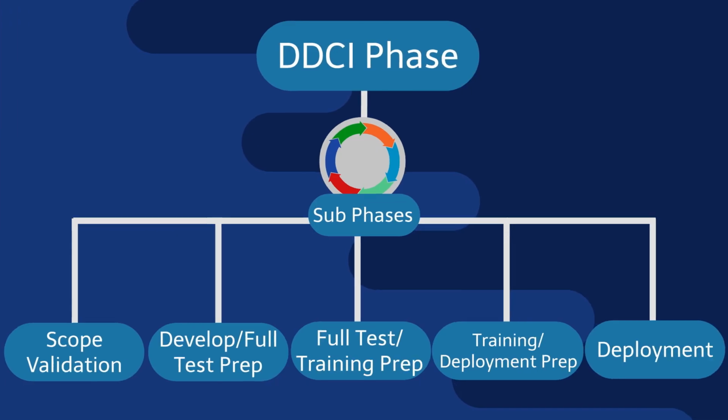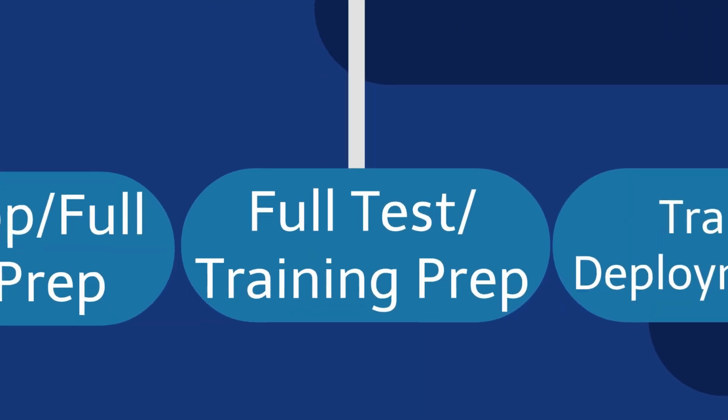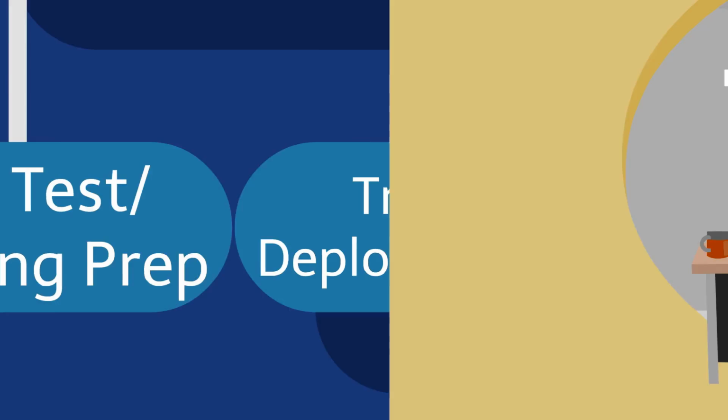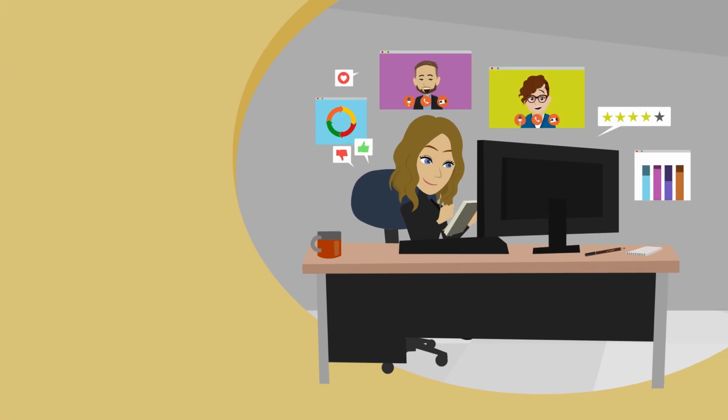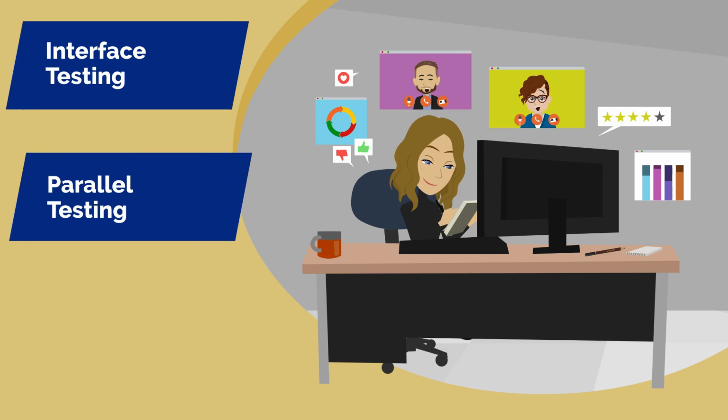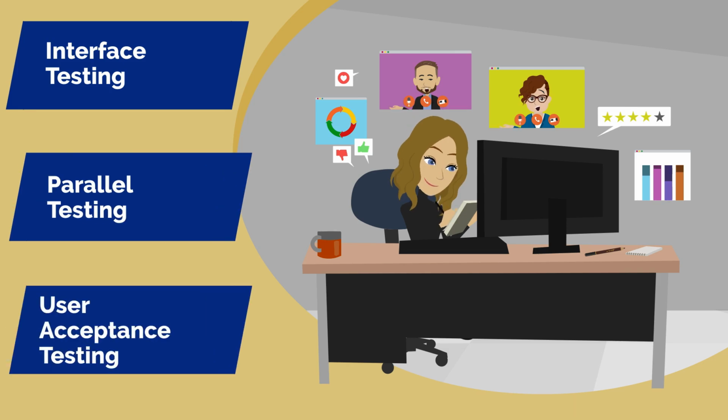The next subphase goes through full testing and starts training preparation. During full test, the team executes interface testing, parallel testing, user acceptance testing, and other test cycles to ensure the system behaves as expected. During this time, end-user training materials are also developed.